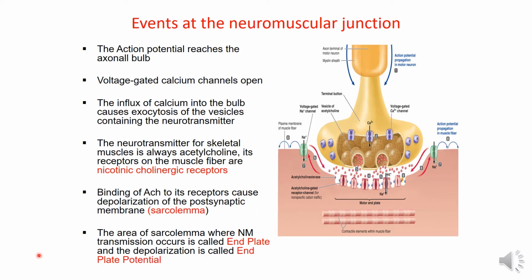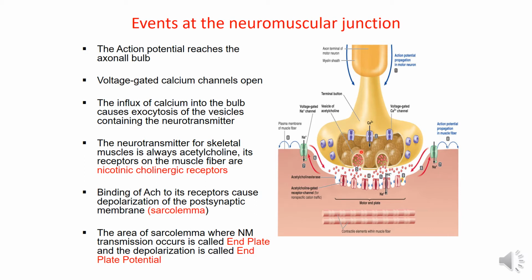The change in the membrane potential of this area is caused by sodium influx, which is greater than the potassium efflux, so the result is depolarization of this part of the membrane. This occurs due to binding of acetylcholine with the cholinergic nicotinic receptors.